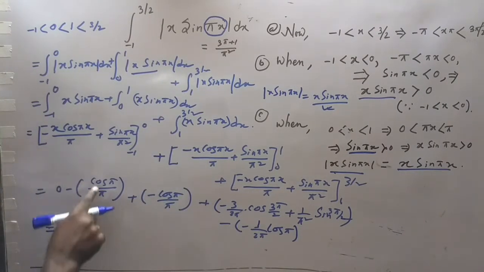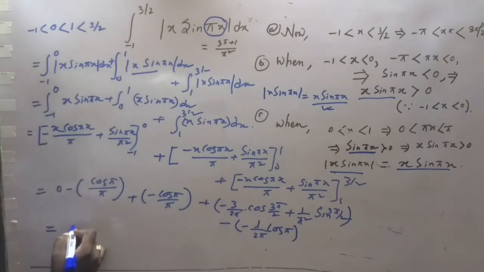Now again cos π means minus 1, so 1/π, this also gives 2/π.